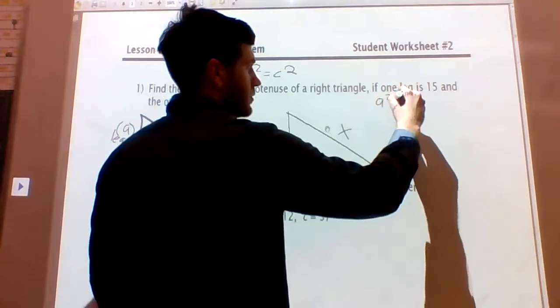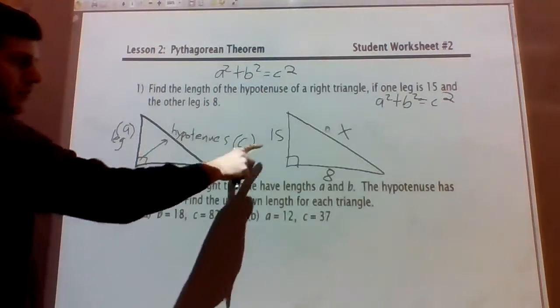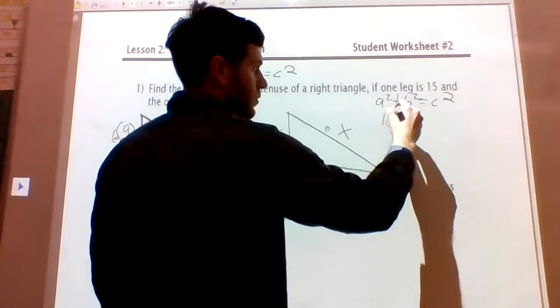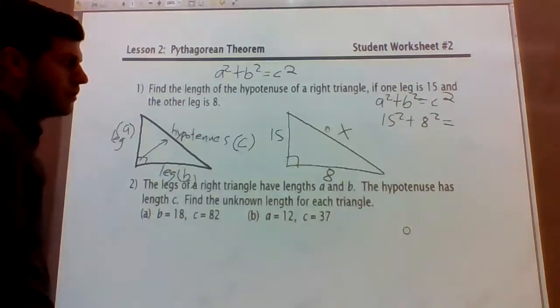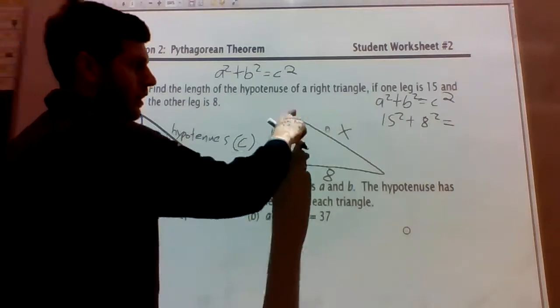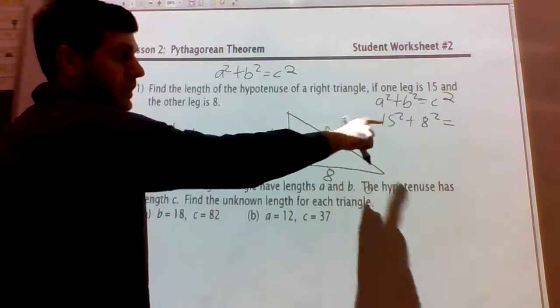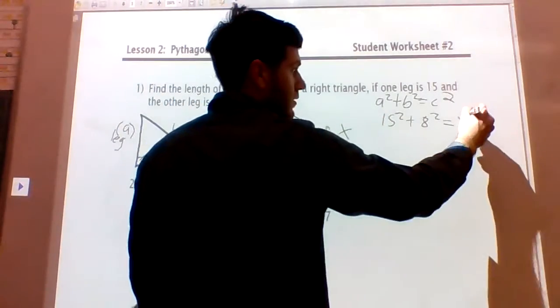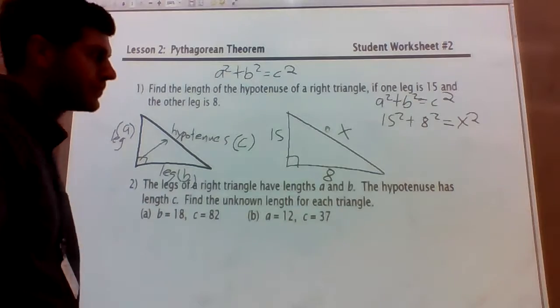So again, we have a squared plus b squared equals c squared. A and b are the legs, so that's 15 and 8, so we have 15 squared plus 8 squared, and the hypotenuse we label as x, our unknown. And our hypotenuse is the c, so that's going to be x squared. We substitute in x for c.